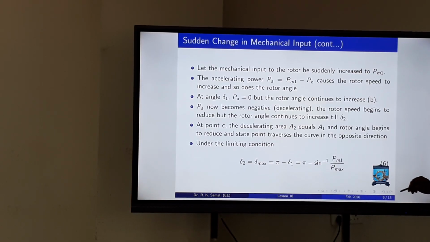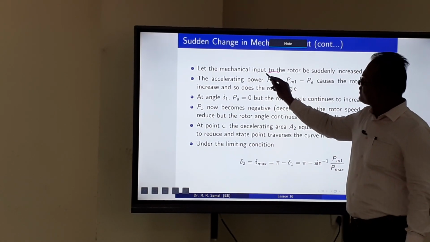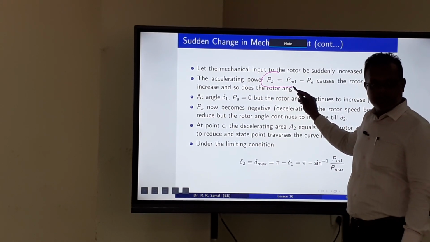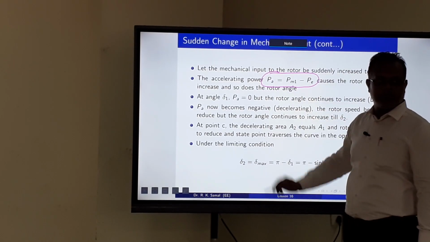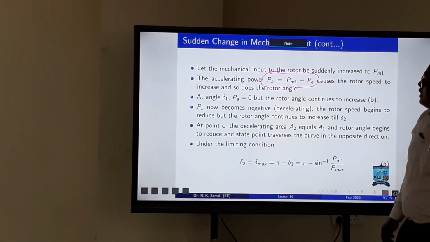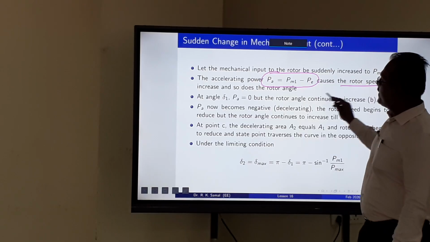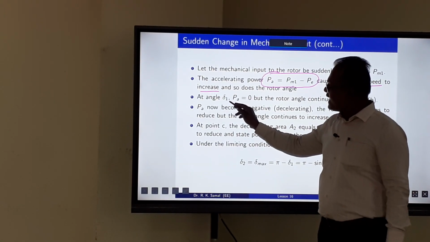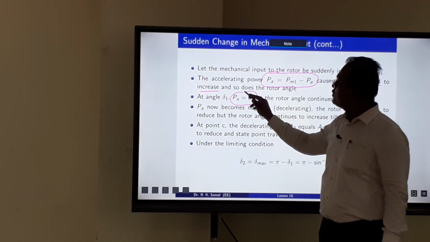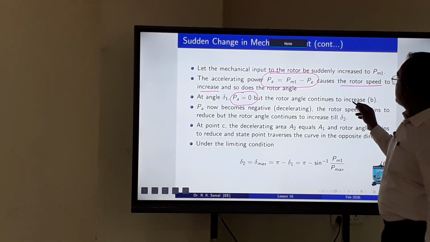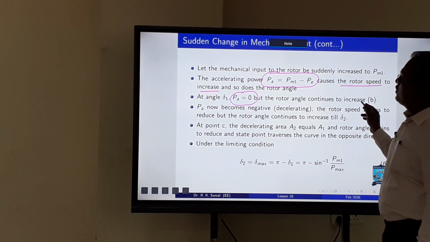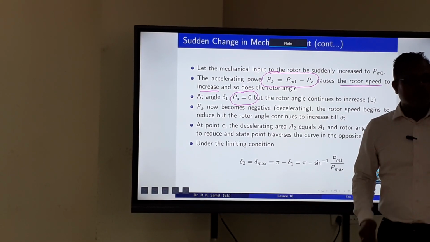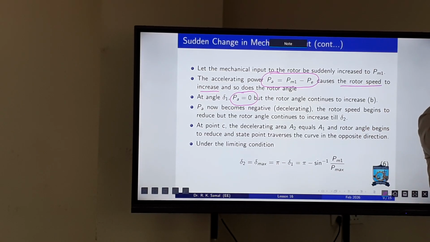Accelerating power is the mechanical power input Pm1 minus Pe0 or Pe. It causes the rotor speed to increase. At angle δ1, Pa is equal to 0, but the rotor angle continues to increase. This is the equilibrium point, where the increased mechanical input is equal to the increased electrical output.